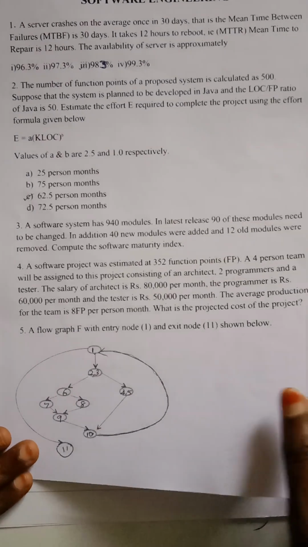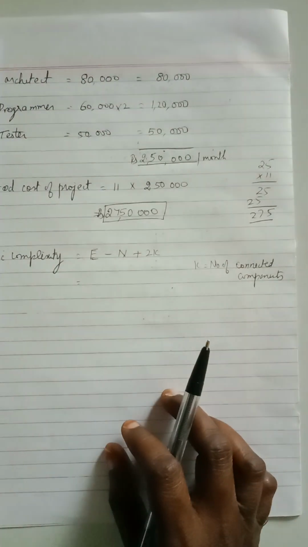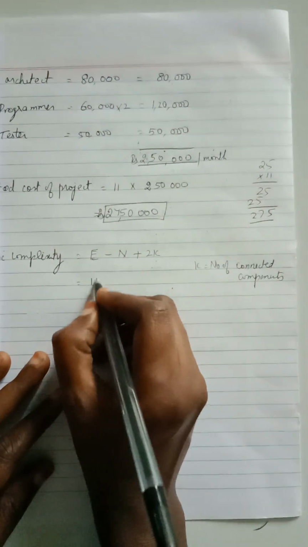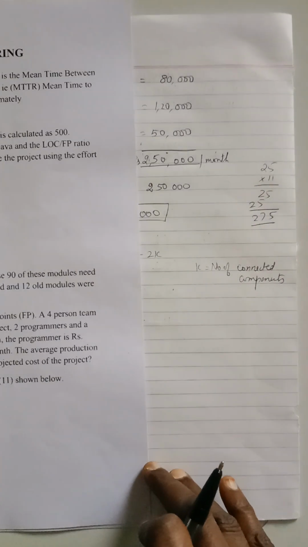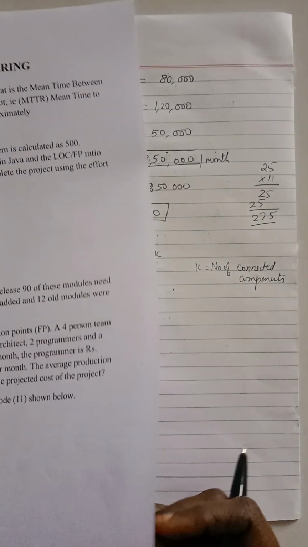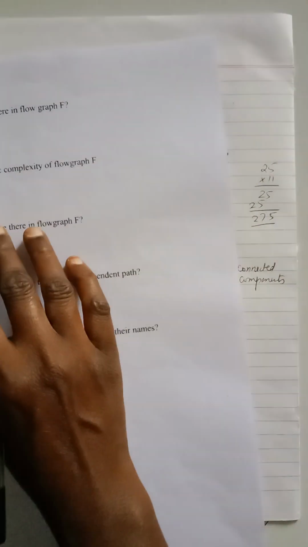So there are 11 edges. The number of nodes we already found in the previous question, so the number of nodes is 9.